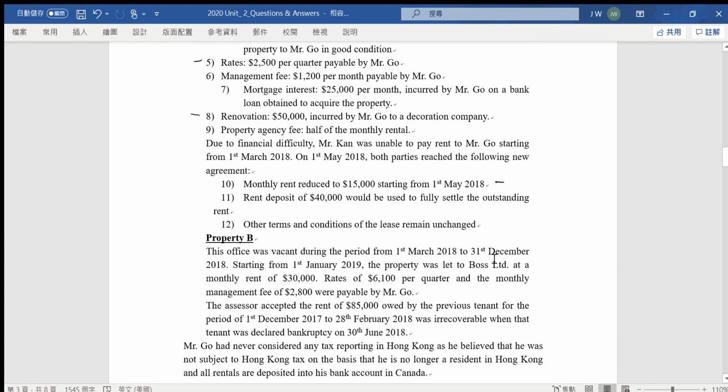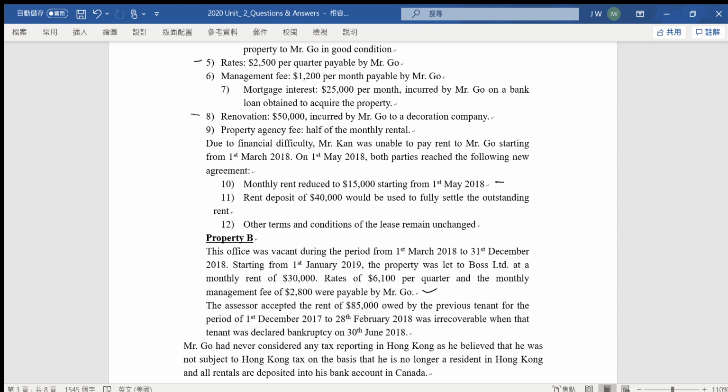And other than that, you also have a property B. Property B is an office and was vacant during the period from 1st of March to 31st December 2018, and starting from 1st of January 2019, the property was let to Boss Limited at a monthly rent of 30,000. Rates of 6,100 per quarter and a monthly management fee of 2,800 were payable by Mr. Goh.